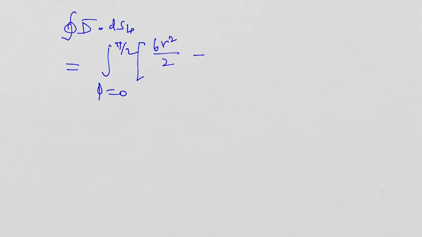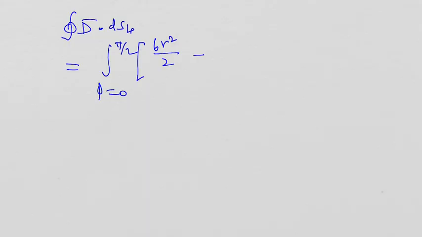Surface integral of D dot dS4 will be integral from phi is equal to 0 to pi by 2. The first one is 6r dr integrated, so 6r squared by 2, minus the second component, r squared cos phi.